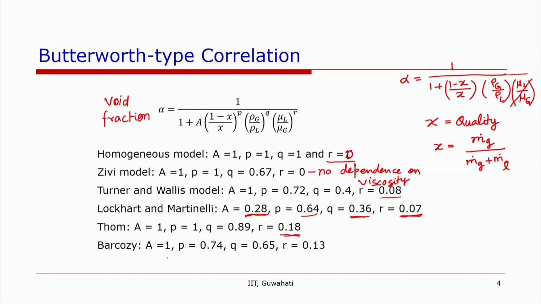And then Barkhoudji's model, P is equal to 0.74, Q is equal to 0.65, in this Q is equal to 0.89 and R is equal to 0.13. So there are basically different models and they have been grouped together as Butterworth type correlation. So we have looked at Armand type correlation, which is relatively simple.